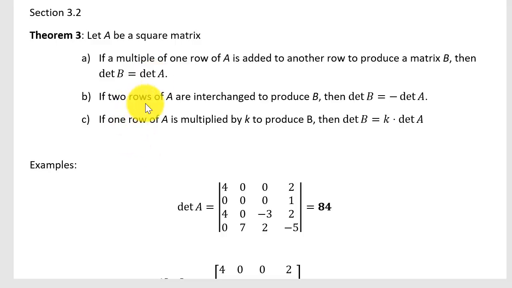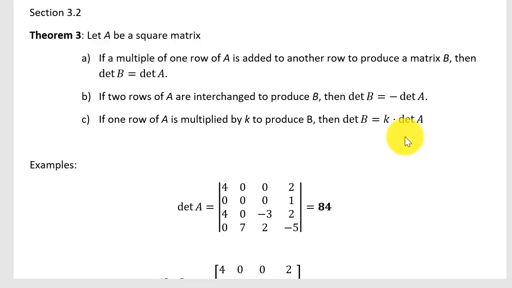If you take two rows and you switch them, then your determinant is going to be the negative of what you had before. And if you take one of the rows and multiply it by a constant, then your determinant is also going to be multiplied by a constant.